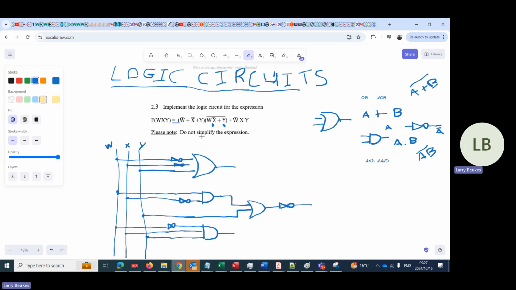Then we see that this one and this one, they are ANDed together. So we need to AND this and this, right? With a 2 input AND gate. So this is one input of that gate. This is the secondary input, right? And then we see that these two are ORed with this gate.